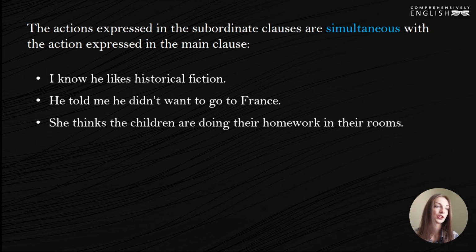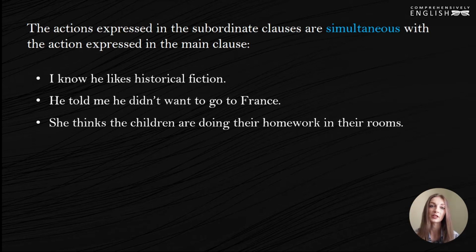She thinks the children are doing their homework in their rooms. So the present simple is used in the main clause and the present continuous, or the present progressive, is used in the subordinate clause. Both express the same tense but speak of different aspects. Think is a verb that we rarely can use in a continuous tense.